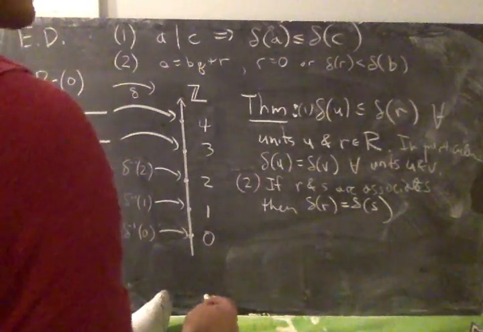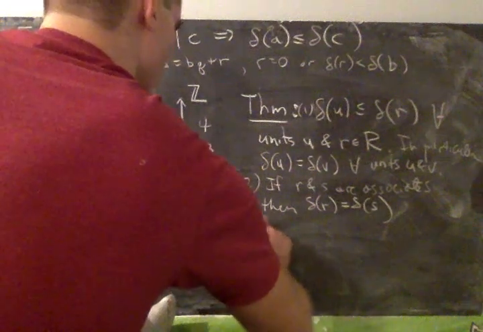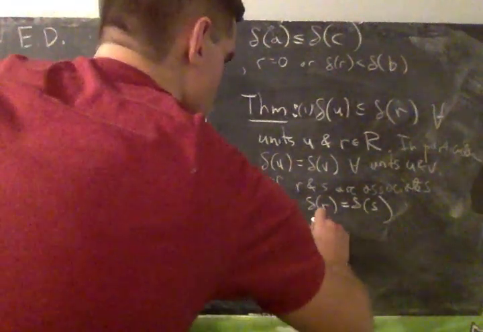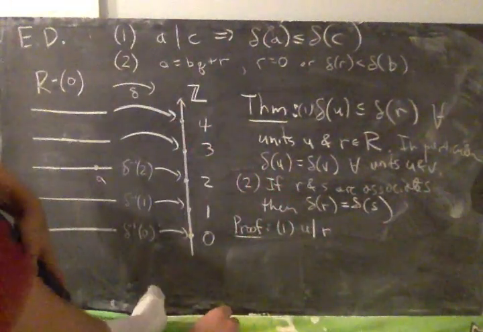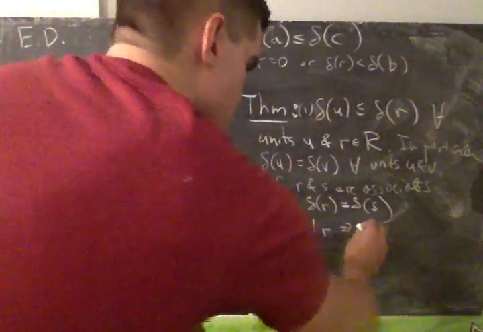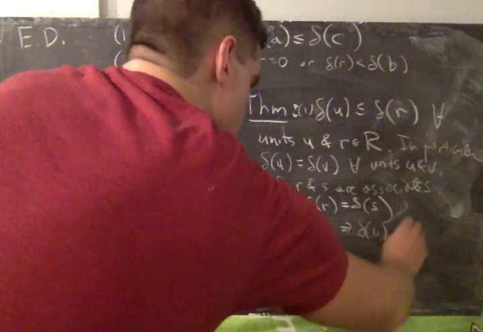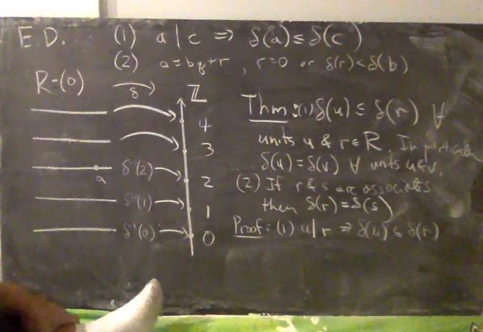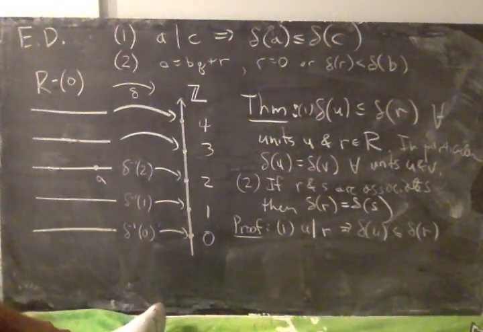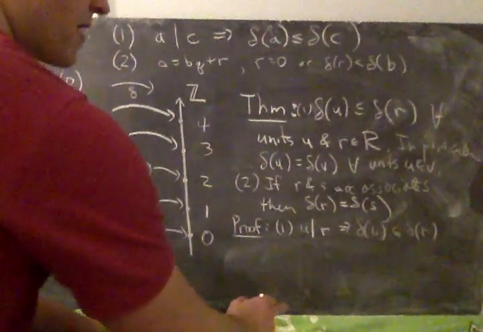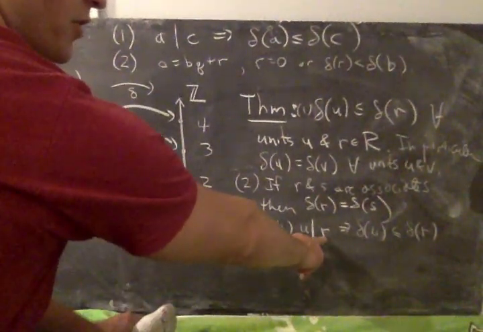The proof of 1 is quite simple. U divides R, because U is a unit and units divide anything whatsoever. So delta of U is less than or equal to delta of R. The value of delta on a unit has to be less than or equal to everything else in the ring. But what happens if we let R be equal to some other unit, V?